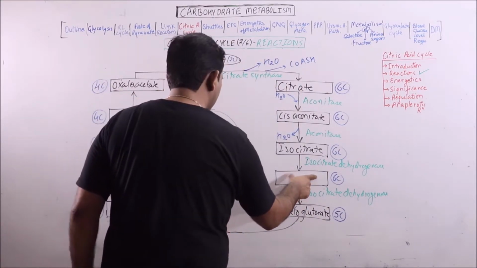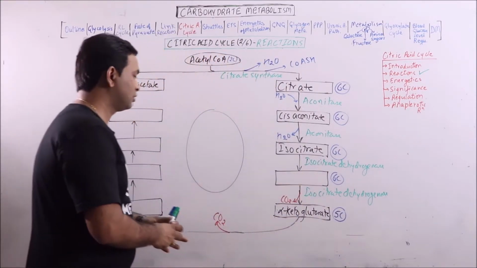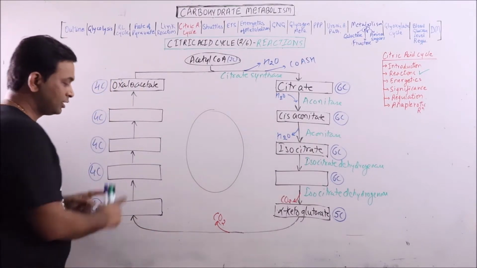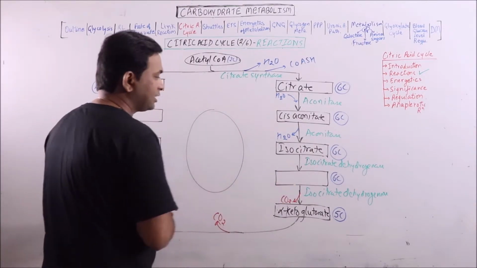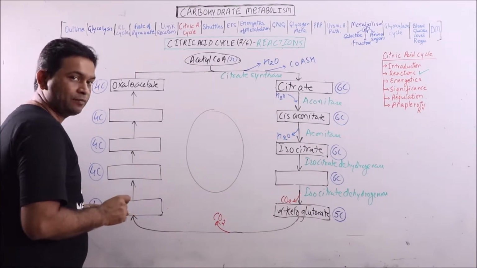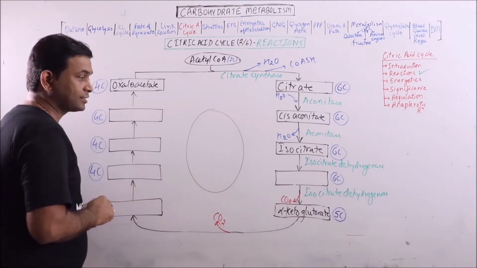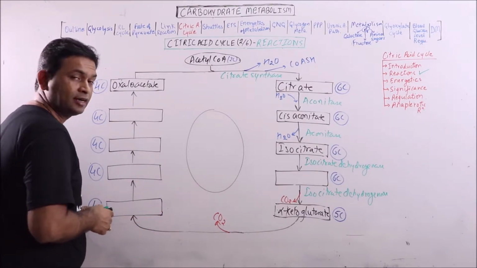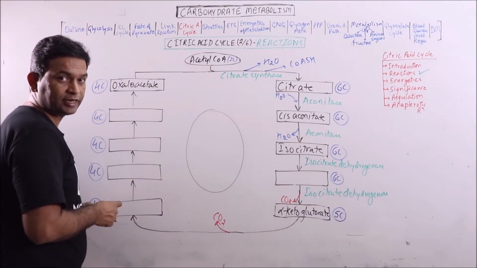And it's important to note that compounds number 4, 6 and 7, these 3 compounds basically have succinate in their names. One is succinyl coenzyme A, second is succinic acid or succinate, and one is oxalosuccinate.